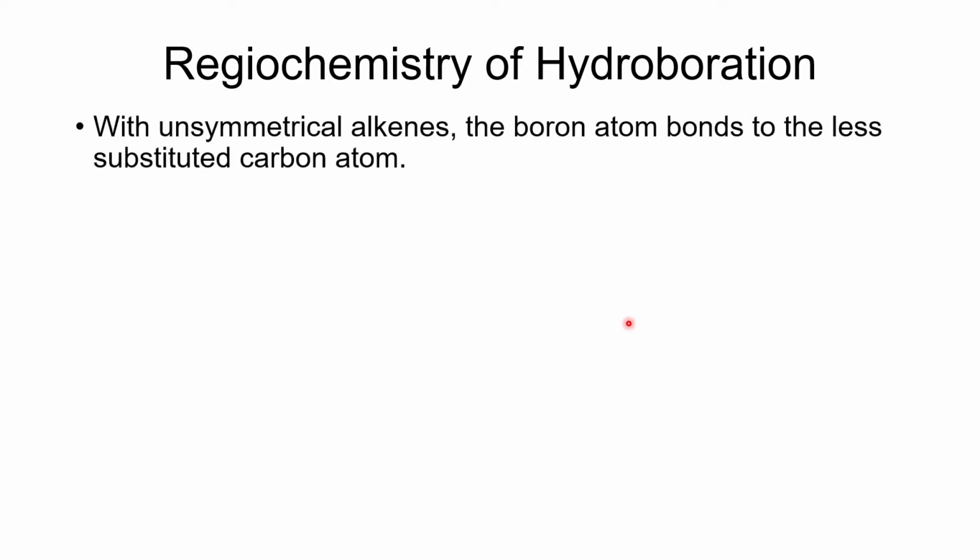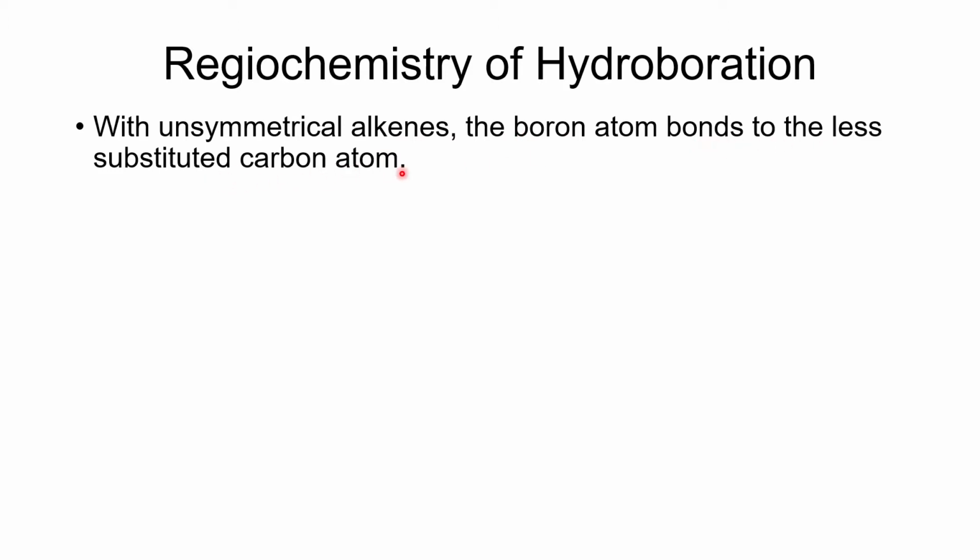Now, this is the interesting part of hydroboration. When we have unsymmetrical alkenes, we'll find that the boron atom is going to be bonded to the less substituted carbon.